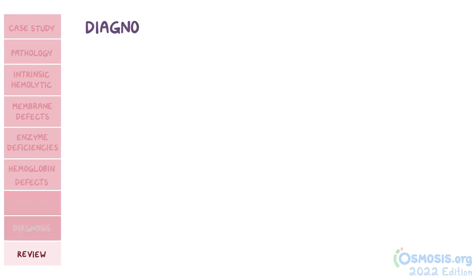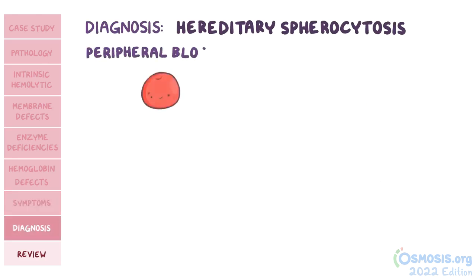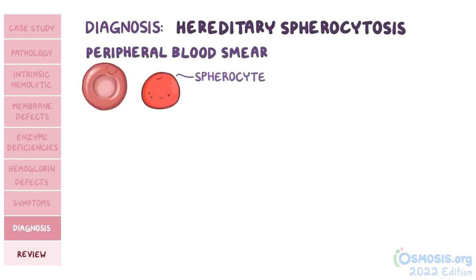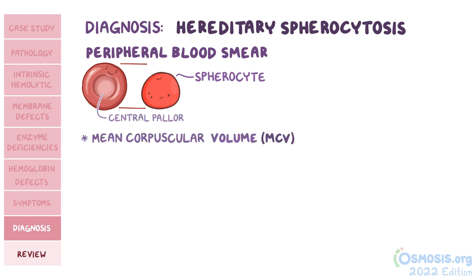Moving on to diagnosis. In hereditary spherocytosis, the peripheral blood smear shows spherocytes that are slightly smaller than normal, round, dysmorphic RBCs with more intensely stained cytoplasm and no central pallor. The mean corpuscular volume, MCV, can be normal or slightly decreased.